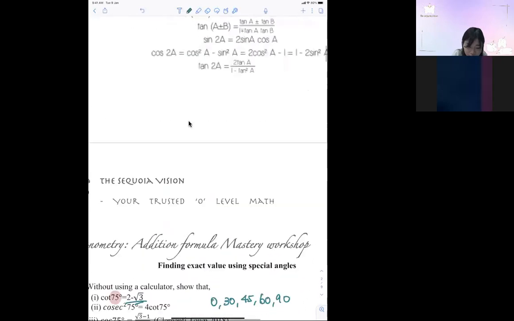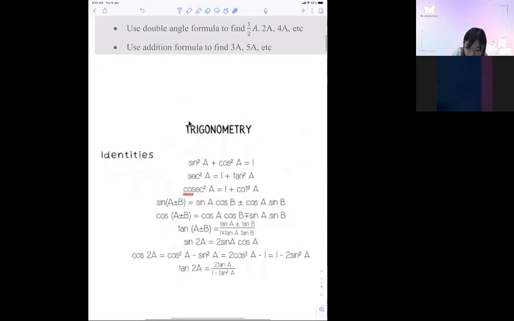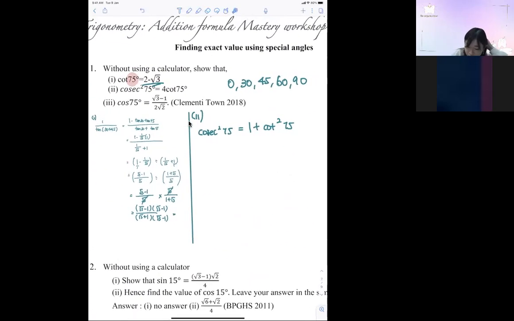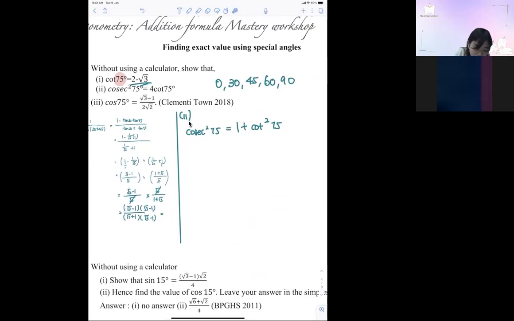Since I already know that cotangent 75 is 2 minus square root 3, I just change this to 2 minus square root 3 whole thing squared.